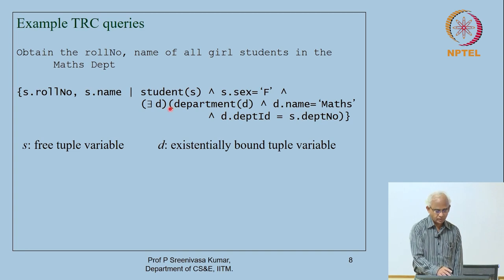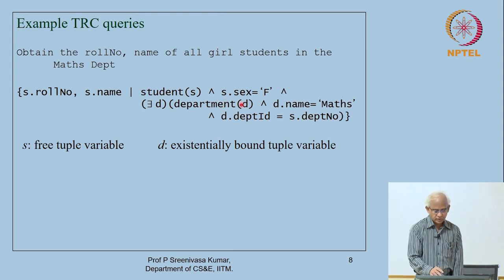Then we are checking whether this is a female student, and then we are checking: does there exist a D? What is that D? It should first be a department tuple. If you consider all possible assignments to D, for those assignments that are not inside the department, this will be false. So again we have to consider the tuples that are there in the current instance of department.